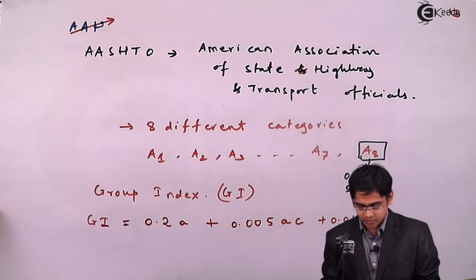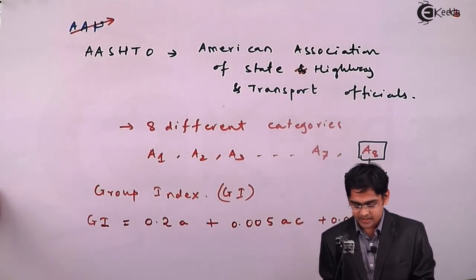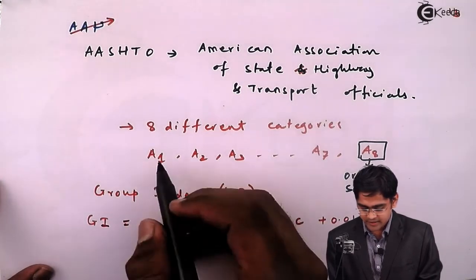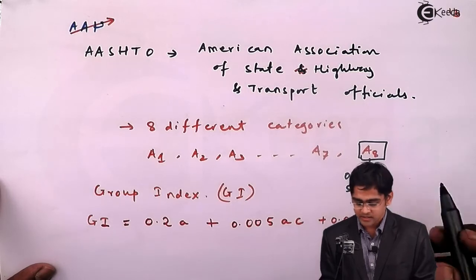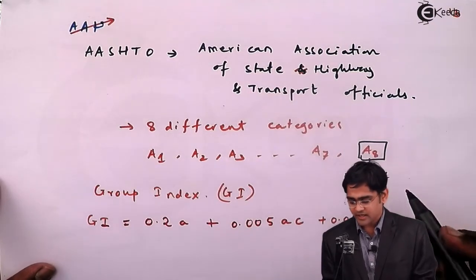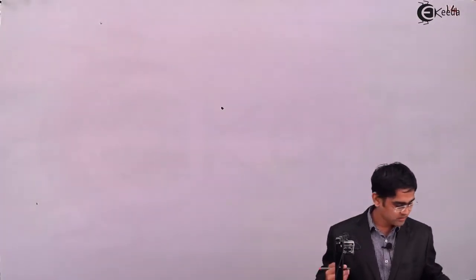Based on this group index and the parameters A, B, C and D, the soil is classified into 8 categories from A1 up to A8. But remember, the last category A8 is useful for organic soil.